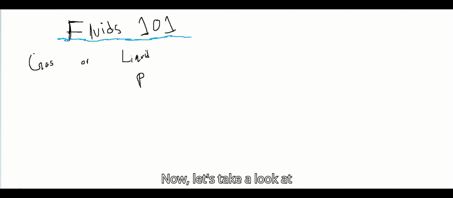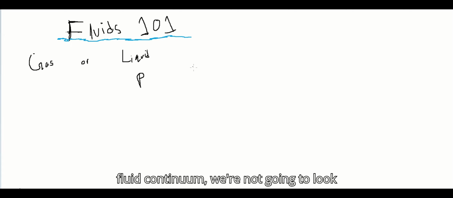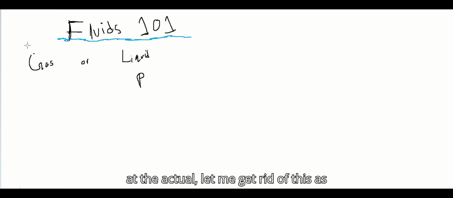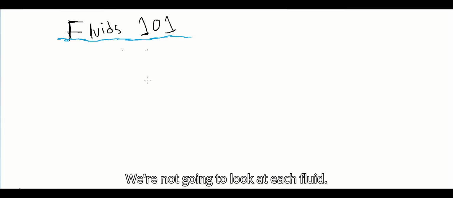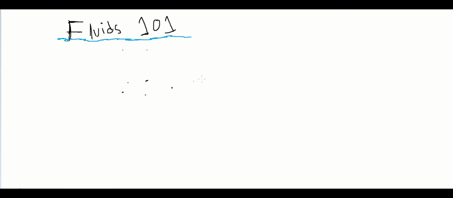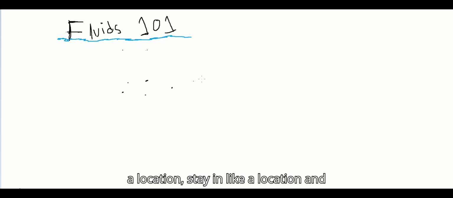Now, let's take a look at the velocity, right? So for a fluid continuum, we're not going to look at each fluid particle one by one. Instead of tracking one particle, we're just going to stay in a location and observe the motion of the fluid particles as they go past this location.